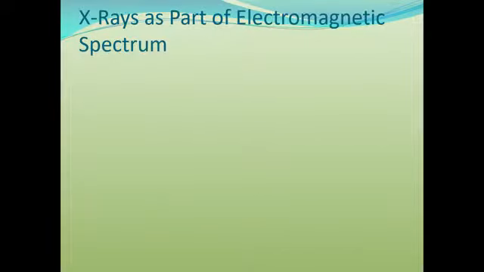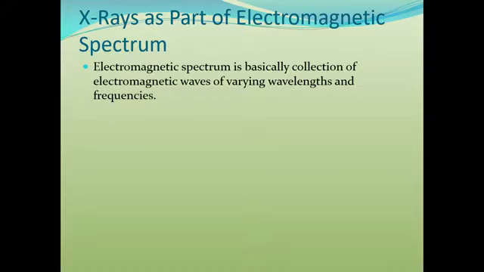First of all, X-rays are part of the electromagnetic spectrum. This is well explained in the topic electromagnetic spectrum. So when we speak about the electromagnetic spectrum, we need to explain what it is. The electromagnetic spectrum is a collection of electromagnetic waves of varying wavelengths and frequencies.